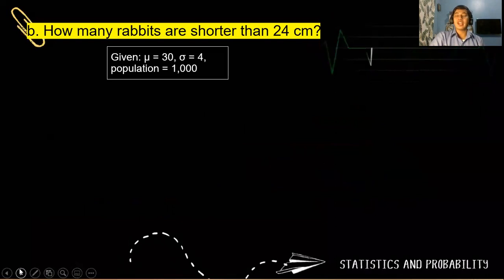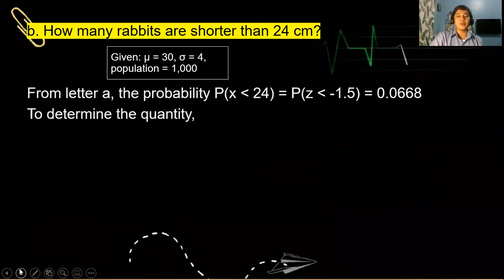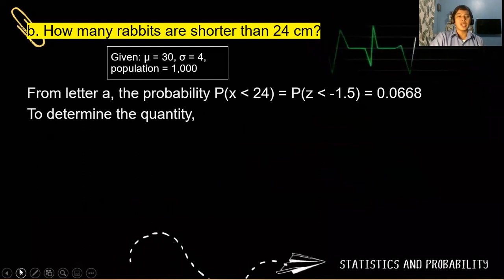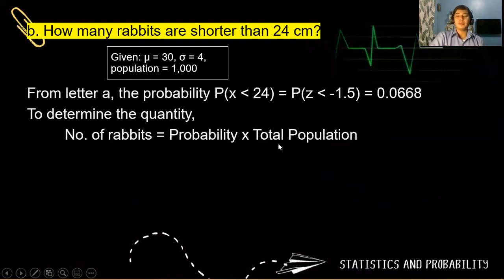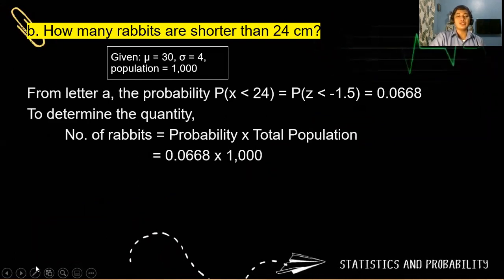Next, how many rabbits are shorter than 24 centimeters? What we're going to do is to get the probability. Again, the probability is 0.0668. And to determine the total quantity, we simply multiply it by our capital N, which is the population size. So the number of rabbits is equal to the probability times the population size. 0.0668 times the 1,000 rabbits.